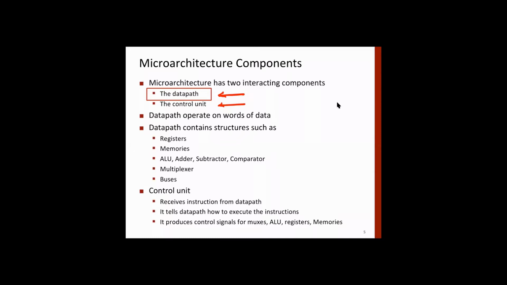So ALU is a part of data path. Then in order to move the data from memory to registers, we need buses. So buses are also part of data path. And so we can see that all these are the part of data paths. And of course, we'll have to use multiplexers in between. So multiplexers are also part of data path.